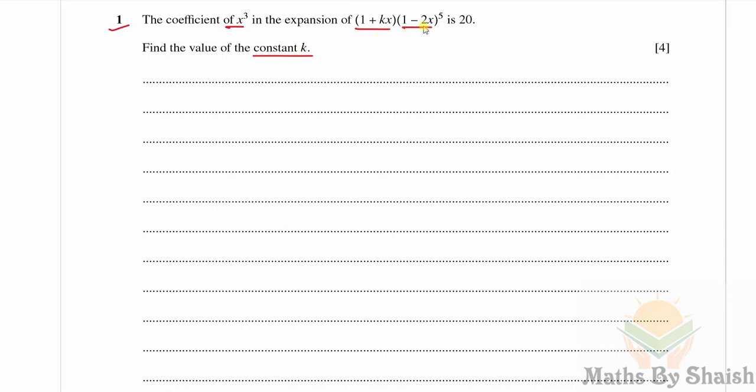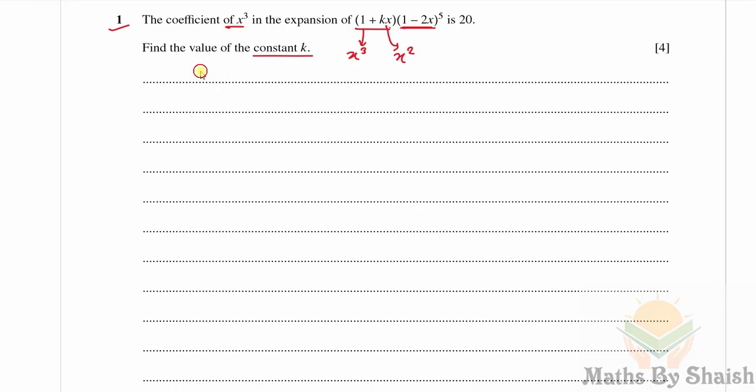We can directly find the x cube by looking at the 1 and kx. If we multiply the 1 with the x cube term in the bracket, we get x cube. And from kx, if we multiply with the x square term in the bracket, only then will we get the x cube coefficient.